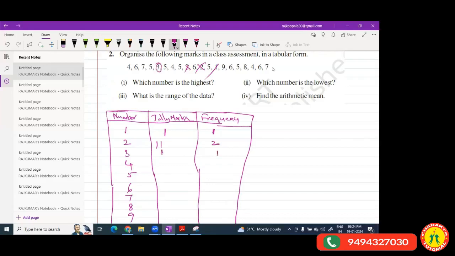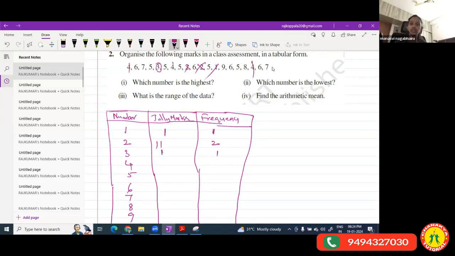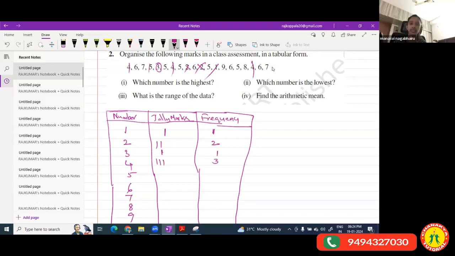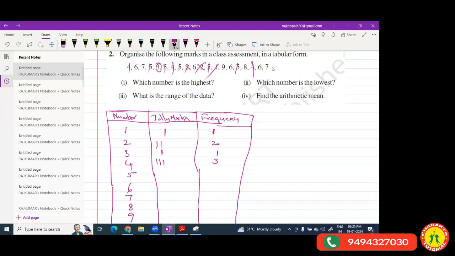And 4, how many times? 3 times. So we will write 1, 2, 3 lines, so frequency 3. 5, how many times? 1, 2, 3, 4, 5 times. So 1, 2, 3, 4, and the 5th line we will write crossing them like this.